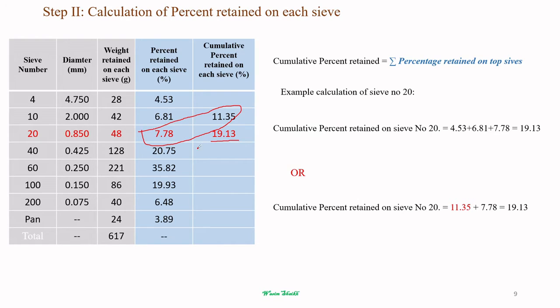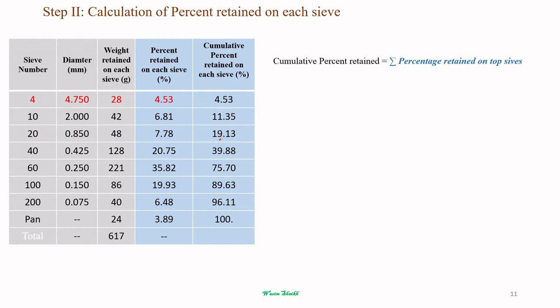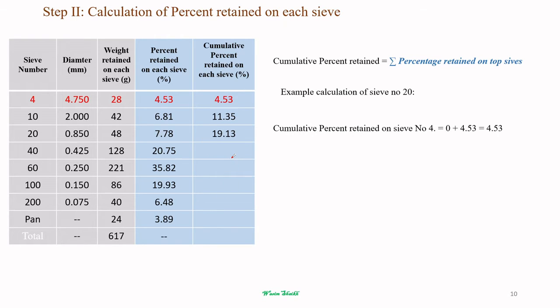This is how we do it. Next, for this value, how can I do that? Just add these two values, 20.75 plus 19.31. You will get 39.81. Okay, I have still not explained how the value at sieve number 4 will come.